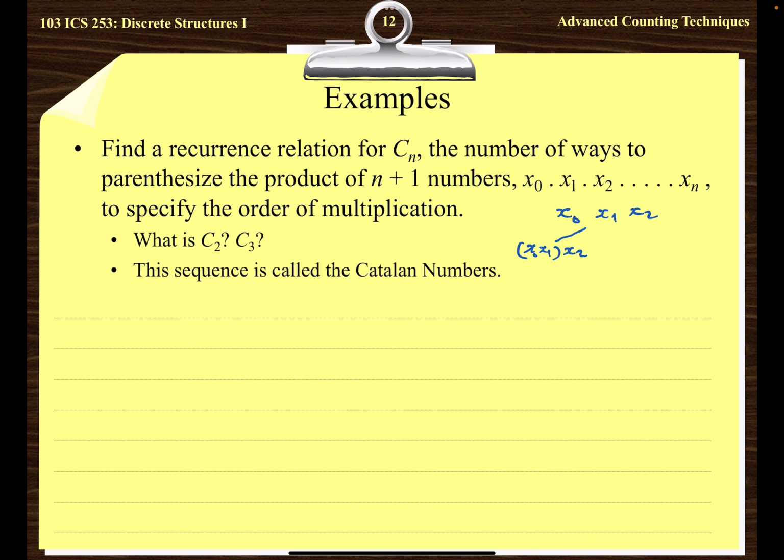Then, what else? x0 and then multiply x1 by x2. By the way, we cannot switch. It must be in order, and I'll give you the real motivation for this problem in just a second. Okay, so are there any other parenthesizations?